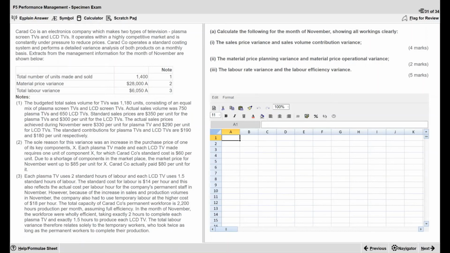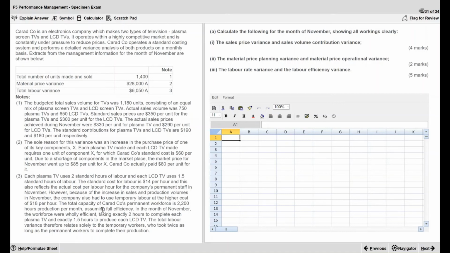Each plasma TV uses 2 standard hours of labor and each LCD TV uses 1.50 standard hours of labor. The standard cost for labor is 14 per hour, and this also reflects the actual cost per labor hour for the company's permanent staff. In November, the company also had to use temporary labor at the higher cost of 18 per hour.